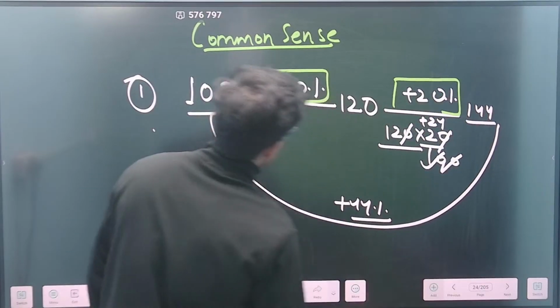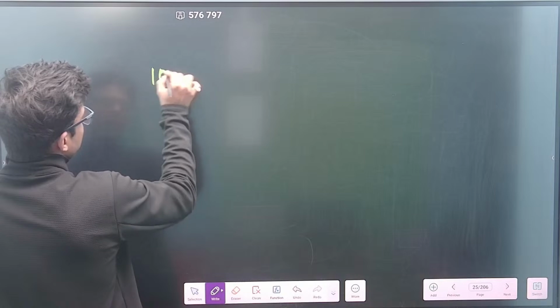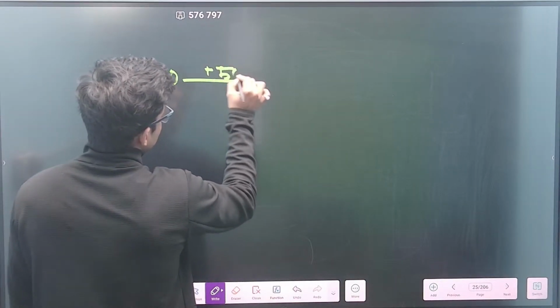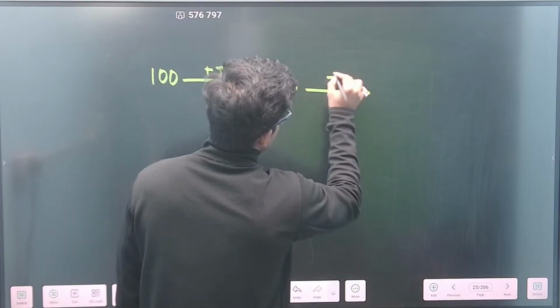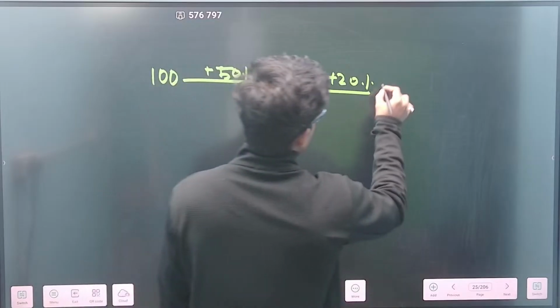Now suppose somebody says, take it another way. If I take the first value as 100, and it has been increased by 50%, then it will become 150. Then it will increase by 20%, the 20% will be 30, then it will become 180.